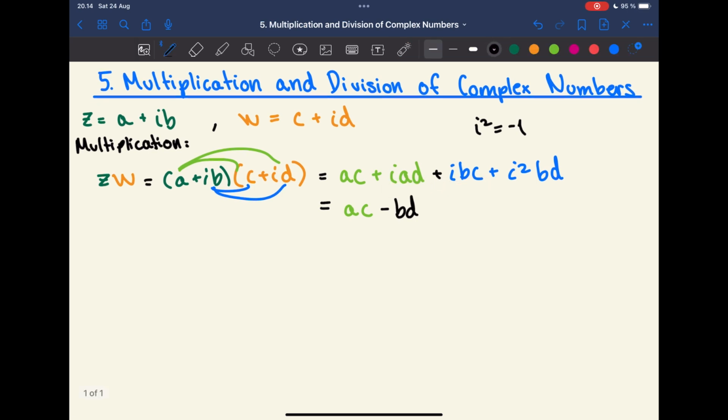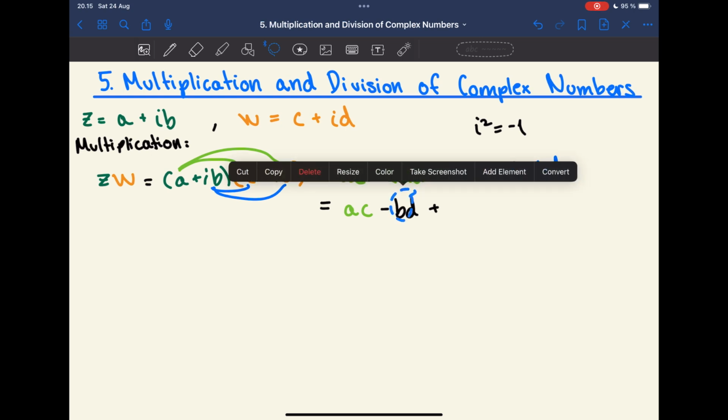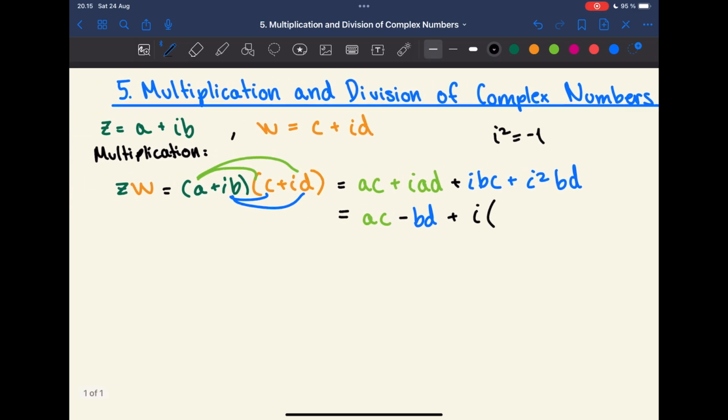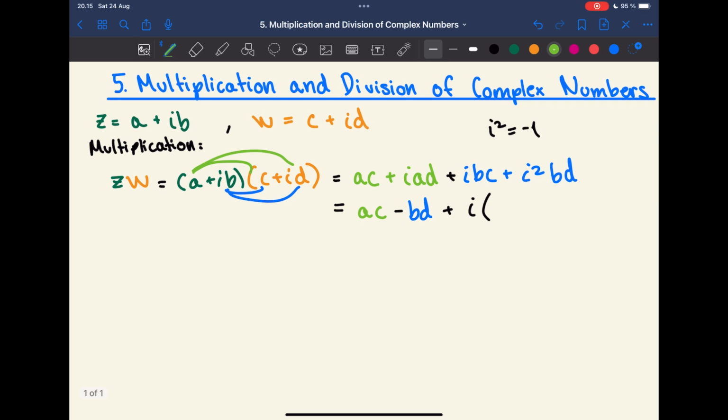So let's put i outside a parenthesis, and we would have ad, and we would add bc to that. So that was simply our imaginary part from here, right?